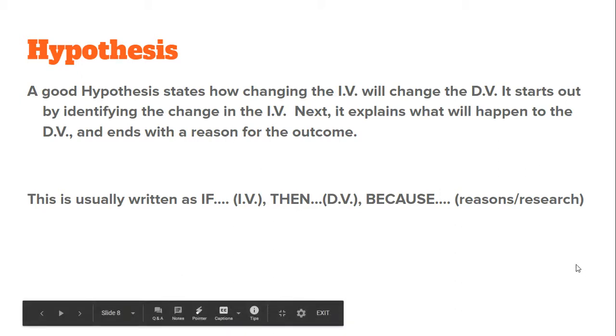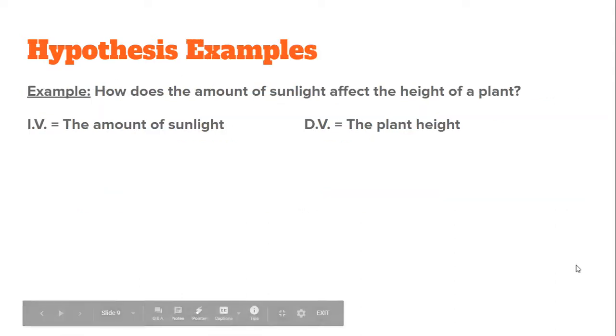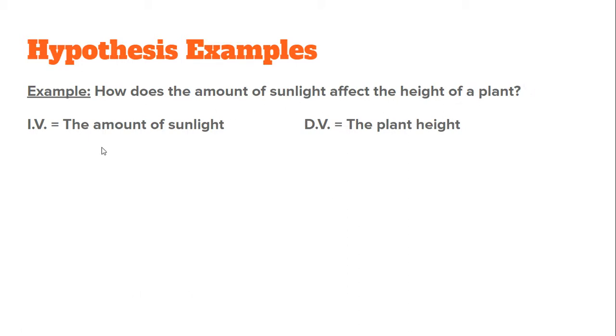Let's take a look at those same three examples from our question and identifying variables. Our first one was, how does the amount of sunlight affect the height of a plant? We identified the independent variable, or the thing that we would purposefully change in this experiment, would be the amount of sunlight, and we would measure the plant height at the end.